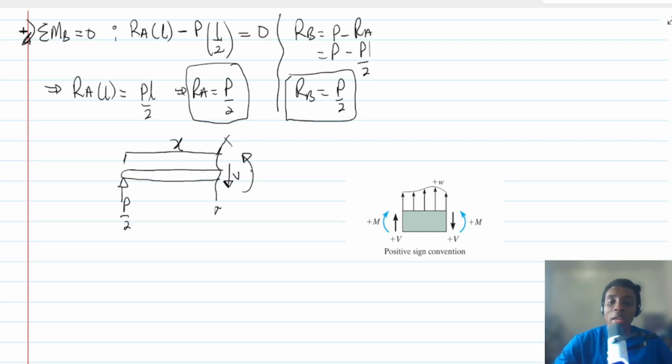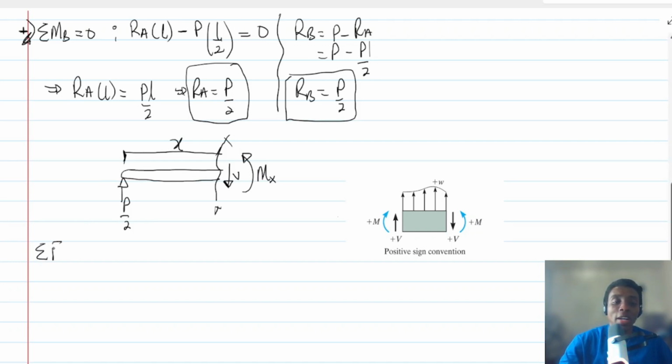So M is the moment due to the cut that we did. Are you okay? All right. Now that we have done this, let's move forward and sum forces and moment.